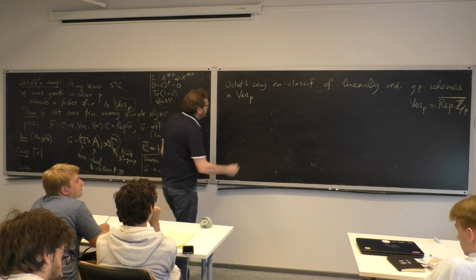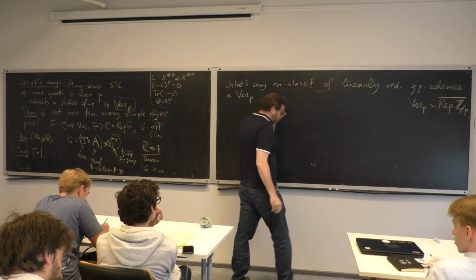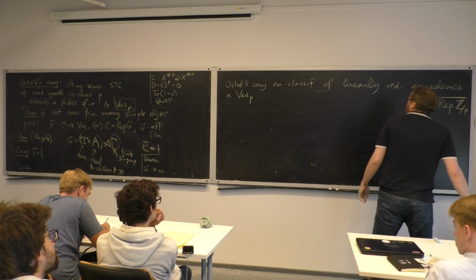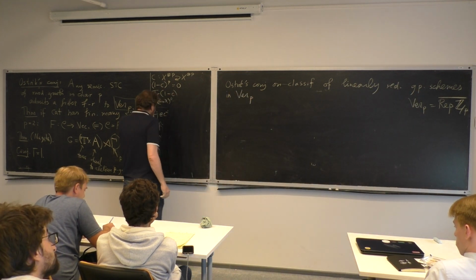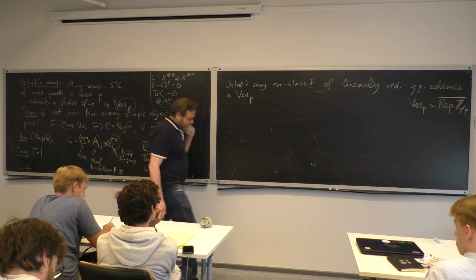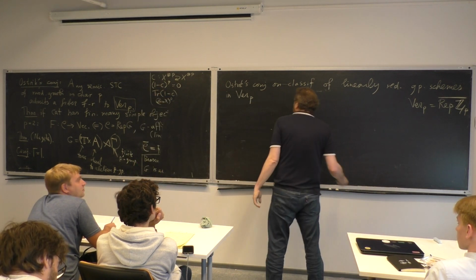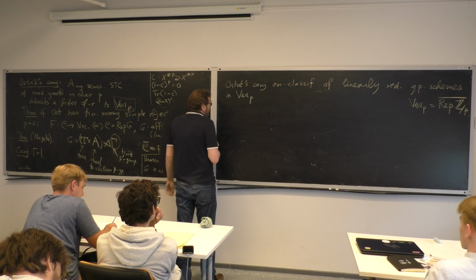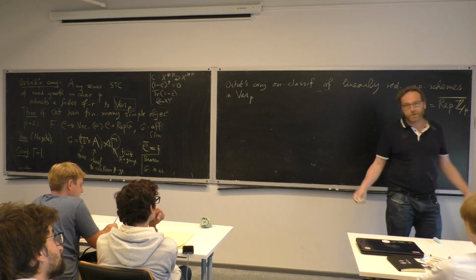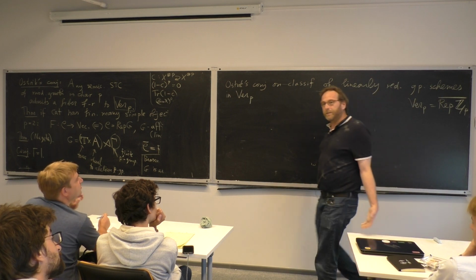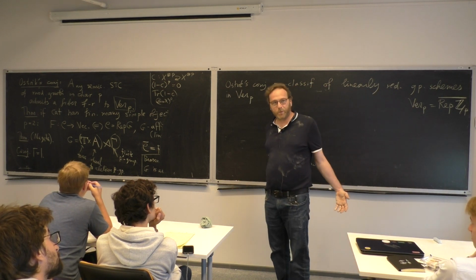So, let's think about what kind of categories we can construct. For this purpose, I should first mention that there is another construction of this Ver_p which has to do with SL2, because its tensor product was given by the Verlinde rule, which comes from SL2.